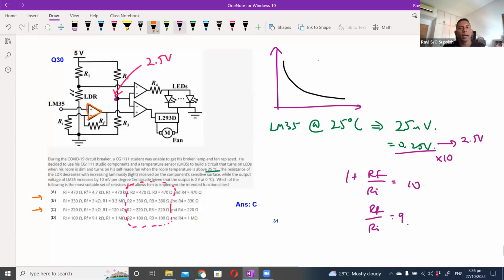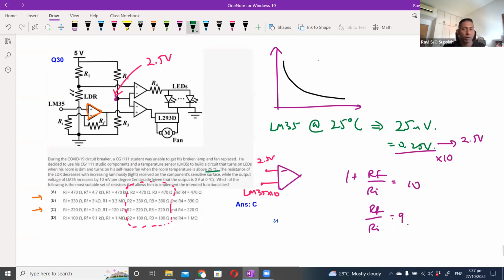Now, what happens? When I look at this op-amp over here to turn on the motor, you'll notice that my negative is connected to the 2.5 volt, and this positive is connected to the LM35 multiplied by 10.